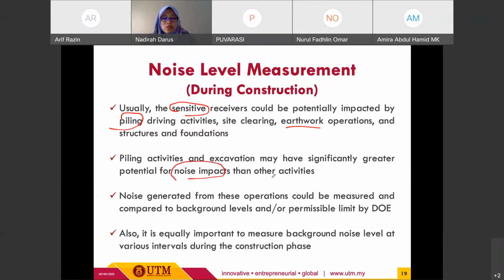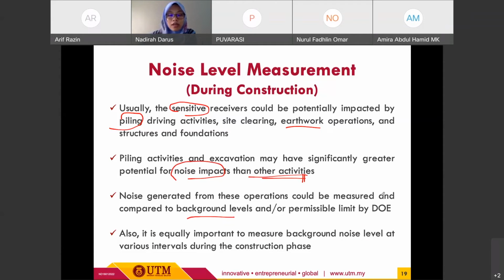So that's why we need to properly measure and manage the noise during the stages of construction. And noise generated from this operation, for example, piling and earthwork or excavation, can be measured and compared to permissible noise limit by DOE. That's the main reason lah why we need the noise level measurement.